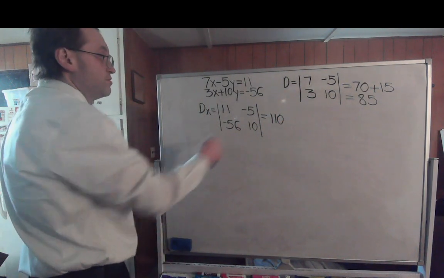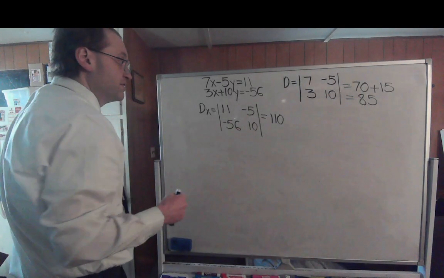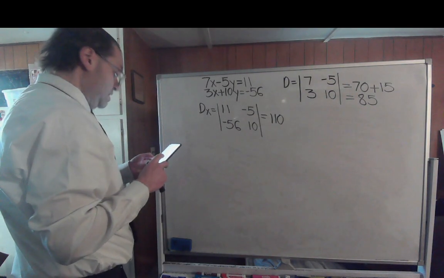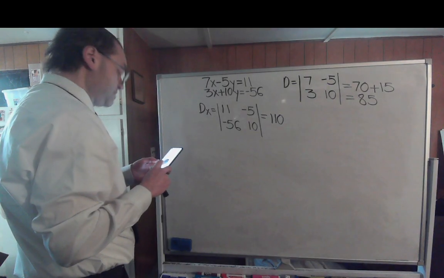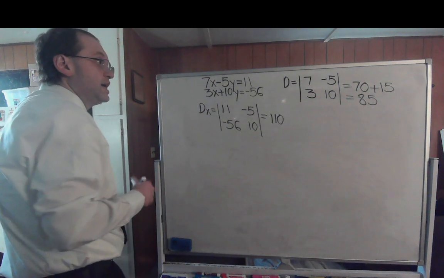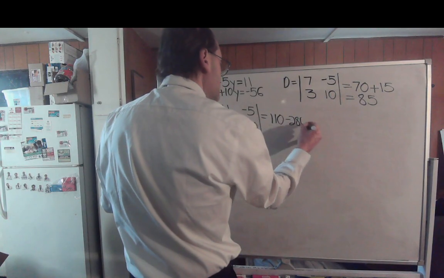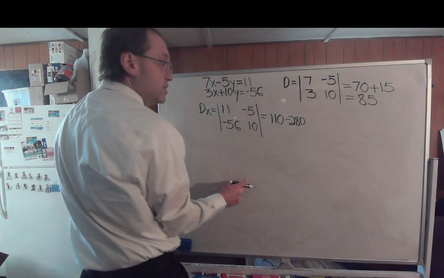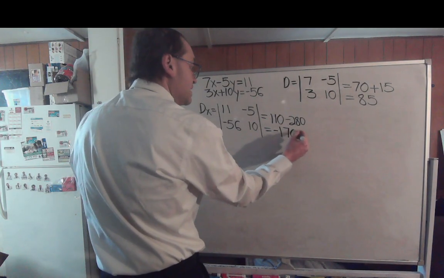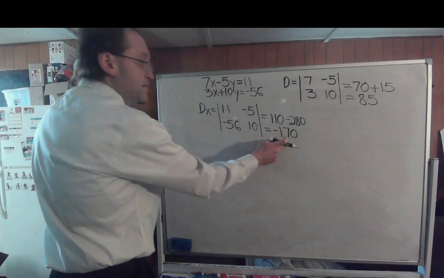Now we're going to have minus 5, which turns into plus 5 times negative 56. So let's figure out what that is. That'd be minus 280. 110 minus 280 is going to be negative 170. So we got the value of dx now being negative 170.